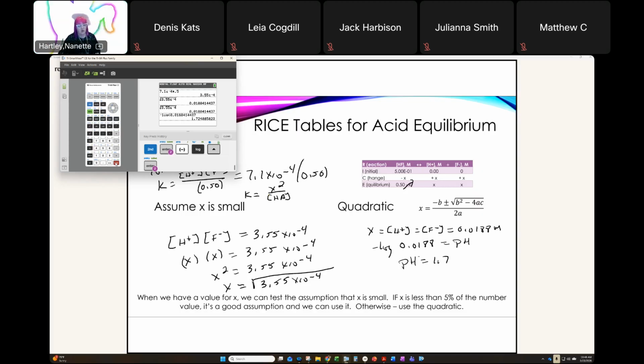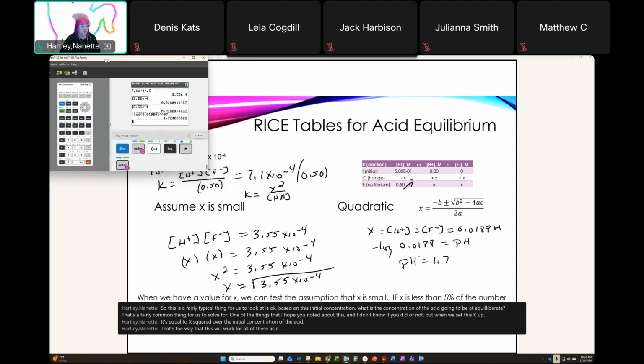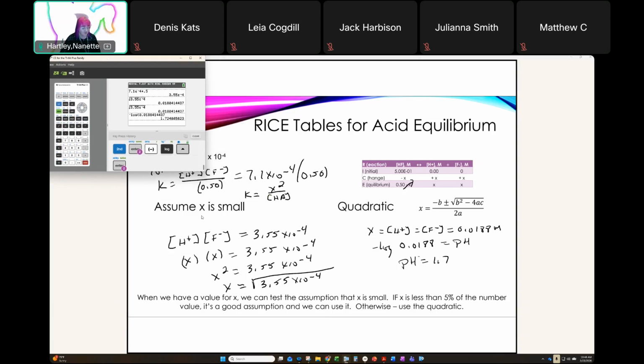That's the way this will work for all of these acids that we're going to look at, because we can always use the X is small assumption. So anytime I go to solve for an H plus or an F minus in a situation like this, I can make that assumption. Does that make sense?